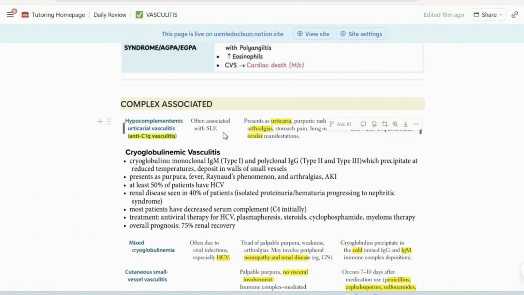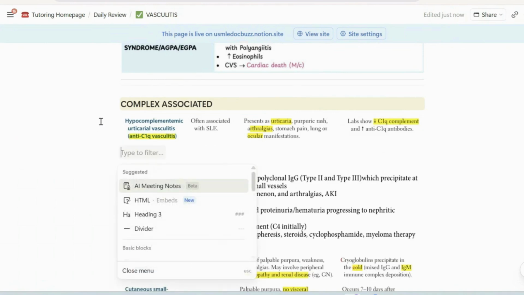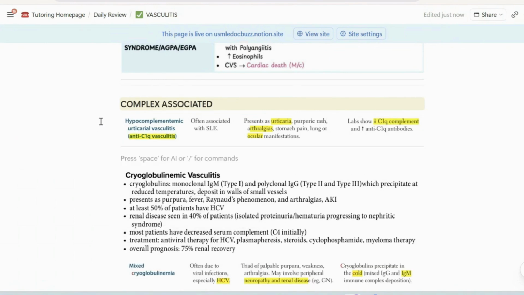First and foremost is the one that's associated with SLE called hypocomplementemic urticarial vasculitis, right? It's a different diagnosis in itself, okay? It leads to skin involvement, joint involvement, and other, ocular plus stomach pain and lung involvement, right? The main thing is C1q, right?